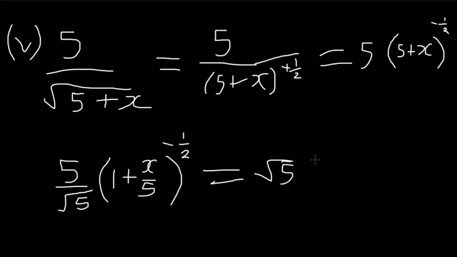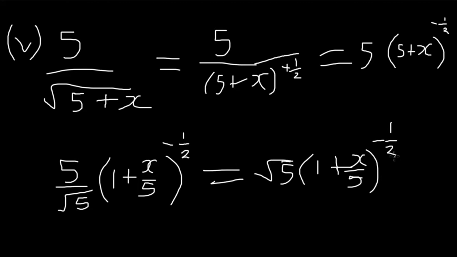So you just have root 5 outside, and then you repeat everything like that. So that is how it's going to look.